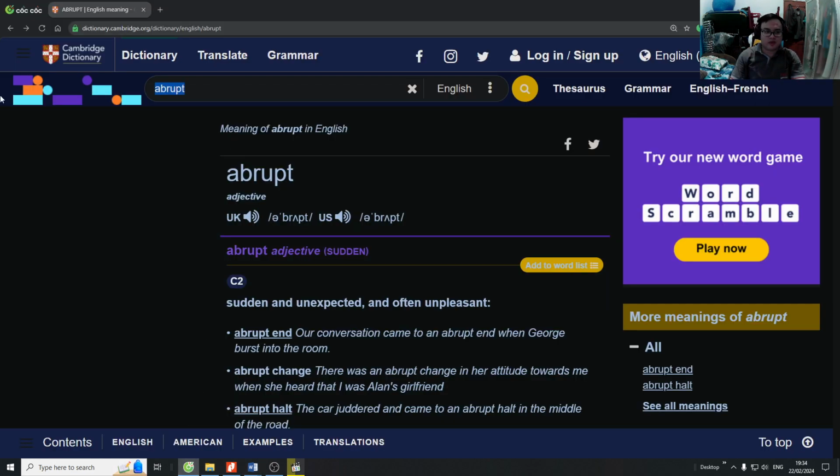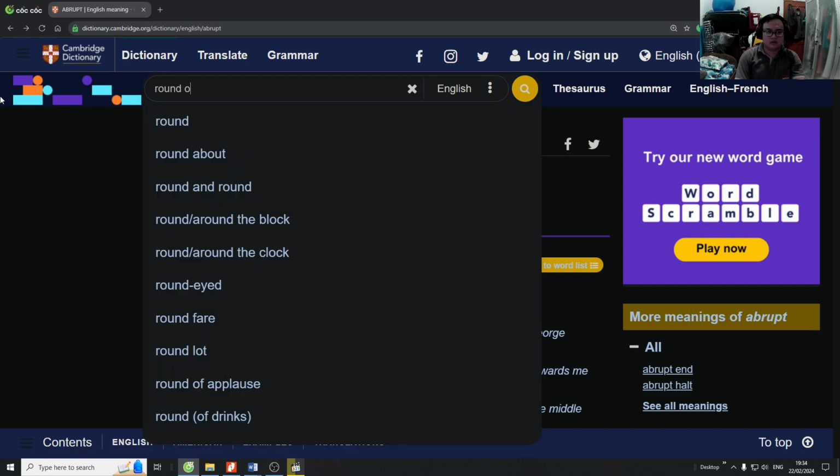So it means round up something. It means conclude.